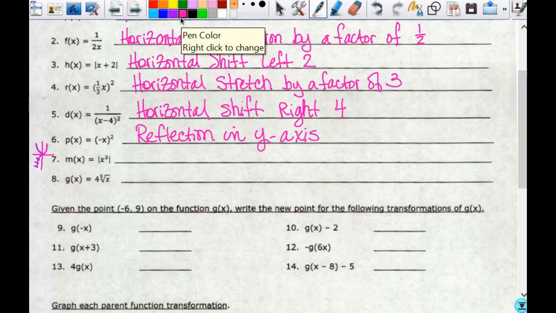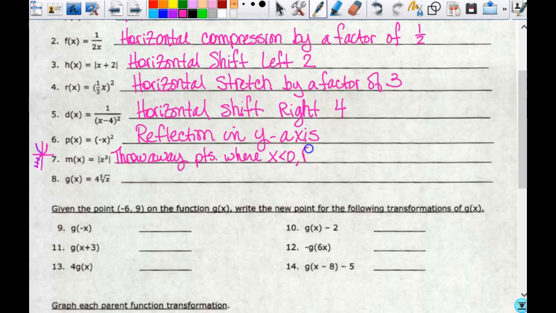So the transformation that is happening is that you throw away points where x is less than 0.